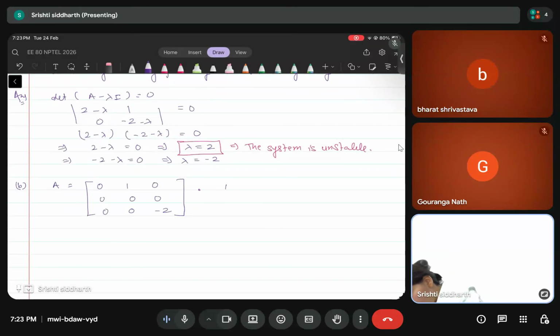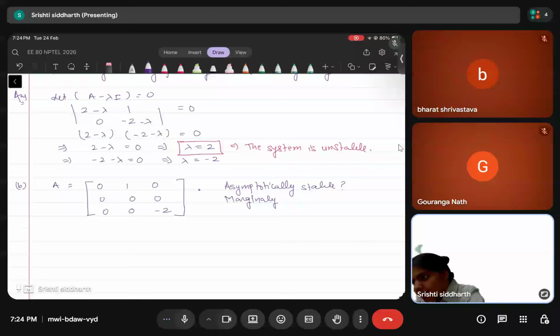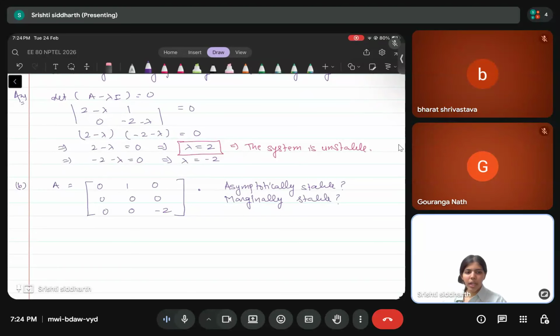We have to talk about asymptotic stability and marginal stability. So observe that this is already in the Jordan form. First, we have this, right? So we have eigenvalues as lambda equals 0, 0, and minus 2.